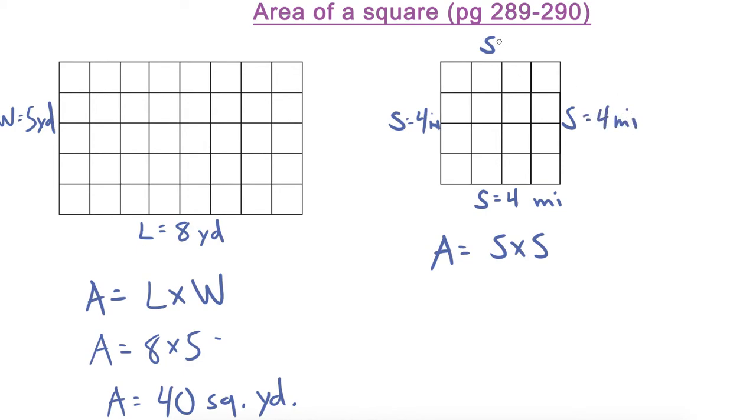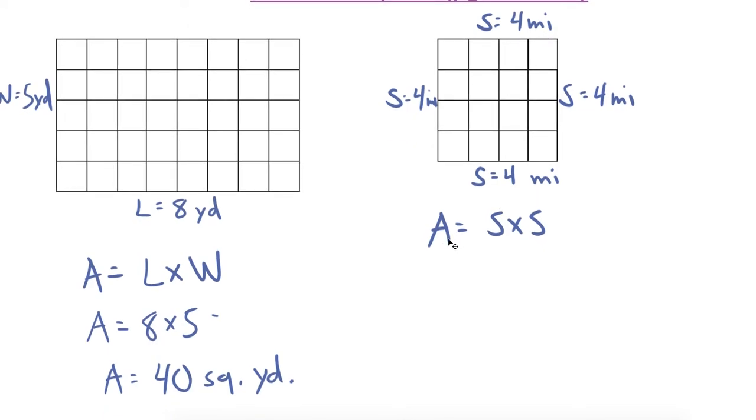For it to be considered a square, it needs to have 4 sides that are the same length, right? So using my formula, area equals side times side, and I know that one side is 4 miles, so it would just be 4 times 4. So area equals 16 square miles.